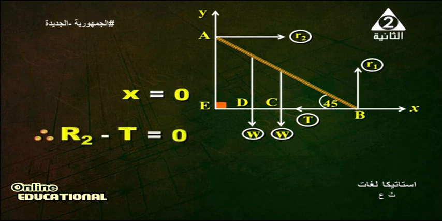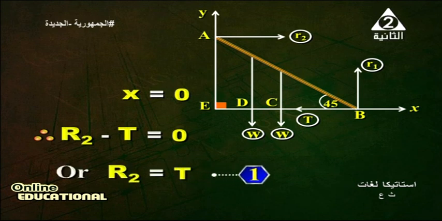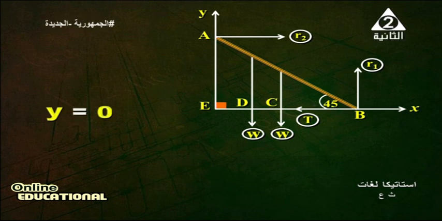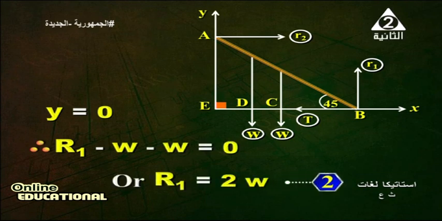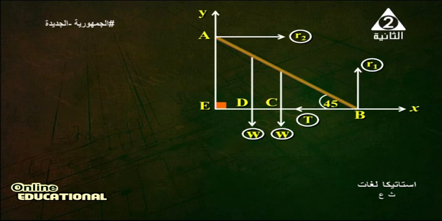Summation of x-axis equals 0: R2 minus T equals 0. What do you mean? R2 equals T. This is the first equation. Summation of y equals 0 also. Therefore, R1 minus 2W equals 0. Therefore, R1 equals 2W. We need a third equation.